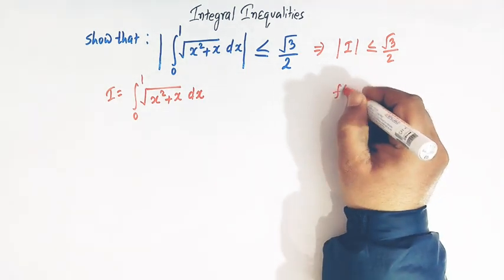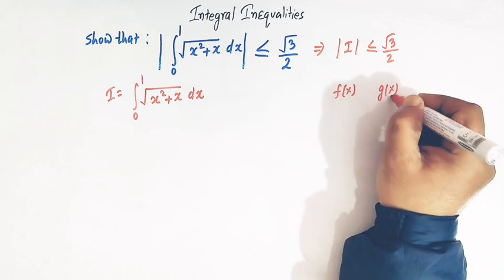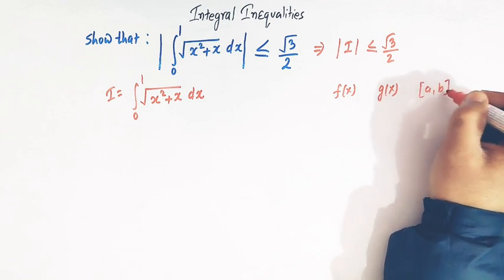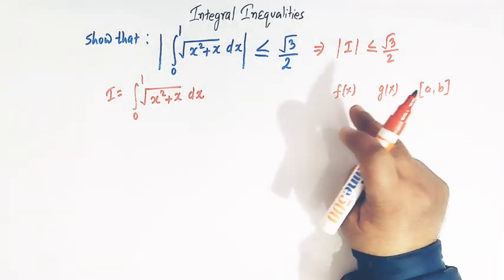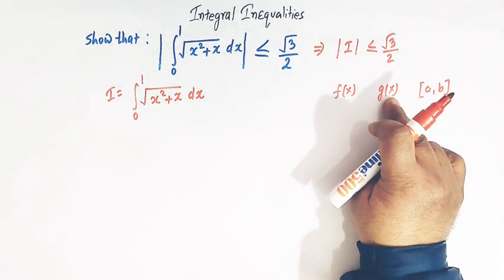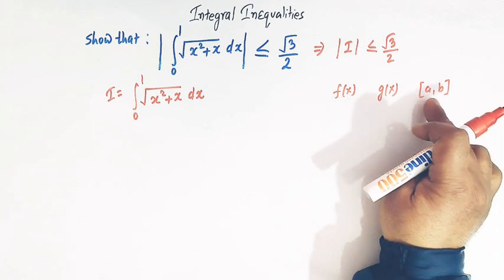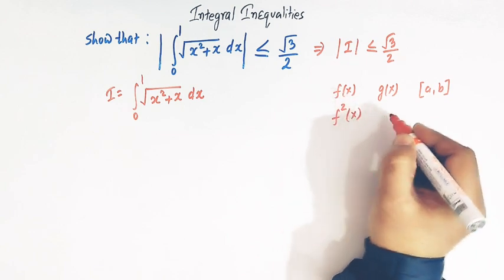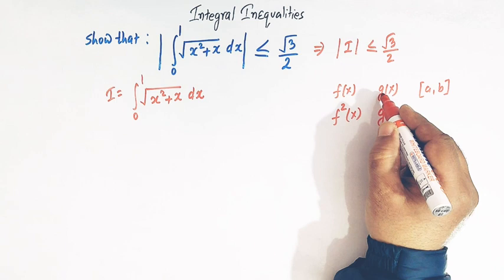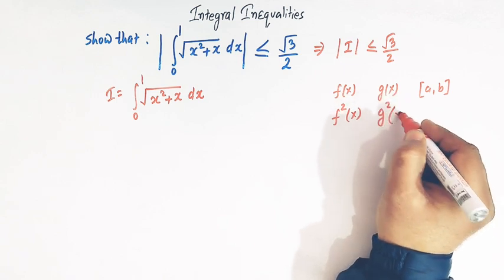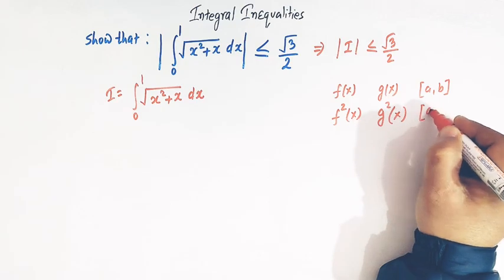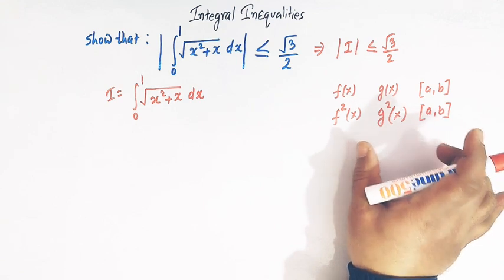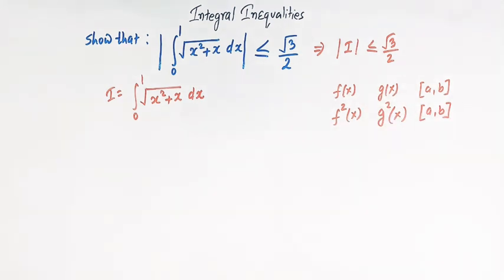If we have two functions, say f of x and g of x, which are integrable and continuous in the closed interval a comma b, and the square of f of x is also integrable, and similarly the square of g of x is also integrable in the interval a comma b, then we have a very nice result which is known as the Cauchy-Schwarz inequality, right?